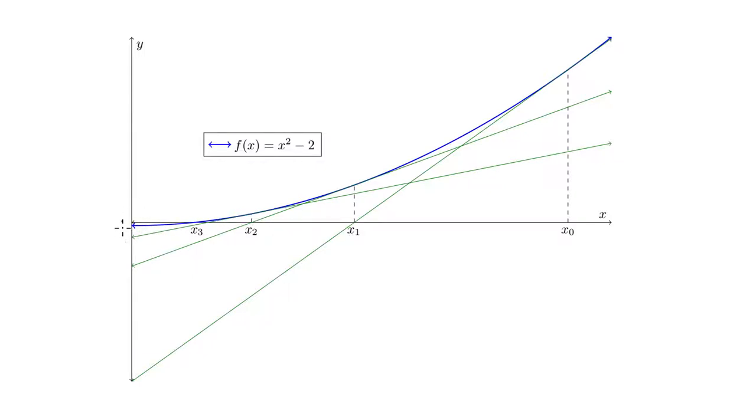So 1 is right here. I think I did this actually with x0 equaling 1.5 to start with. So I actually used the first order term first.